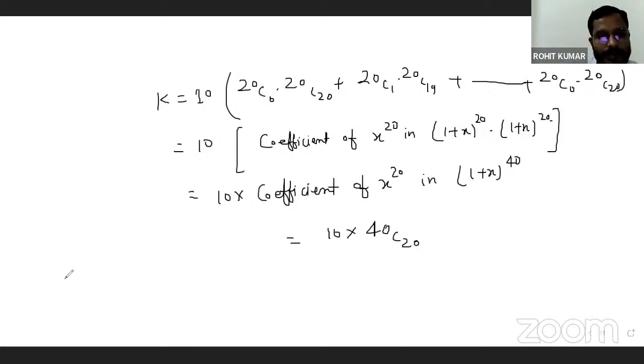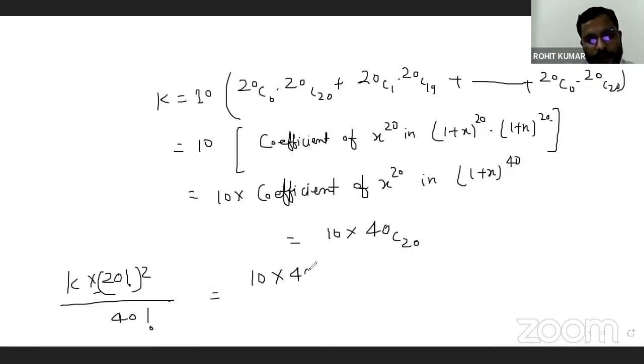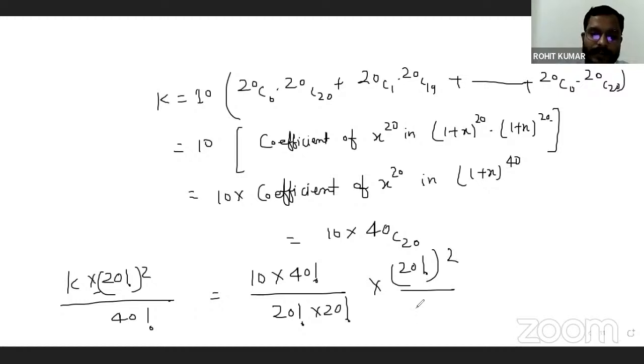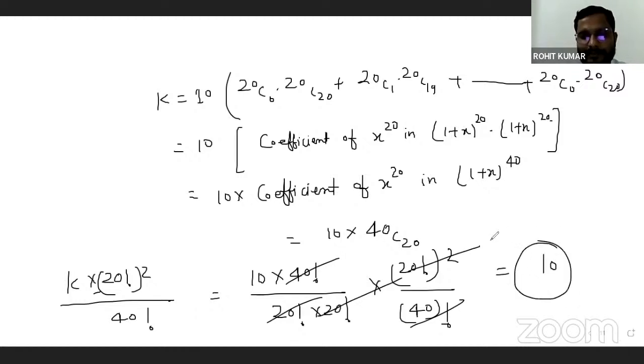This is the K value. So K into 20 factorial whole square divided by 40 factorial is equal to 10 into 40 factorial divided by 20 factorial into 20 factorial, multiplied with 20 factorial whole square divided by 40 factorial, which is equal to 10. So the value of K will become 10. Is that clear?